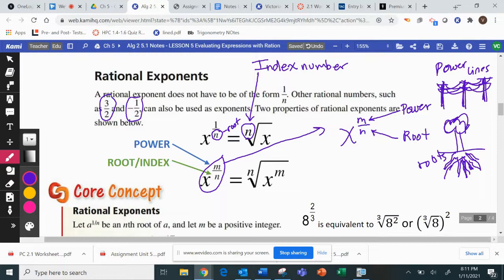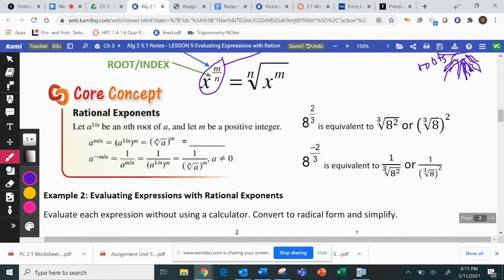And then here's an example where we've got a number on top and bottom. The power will go on the variable on the base, and then the root goes on the radical. So let a to the 1 over n be an nth root of a, and let m be a positive integer.